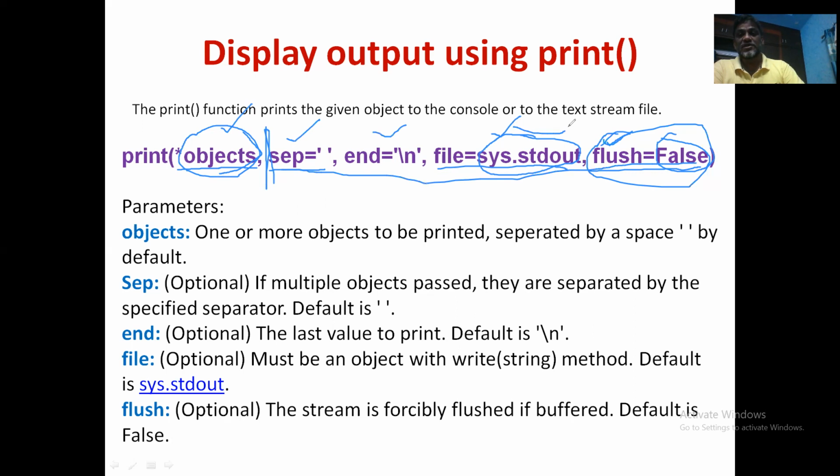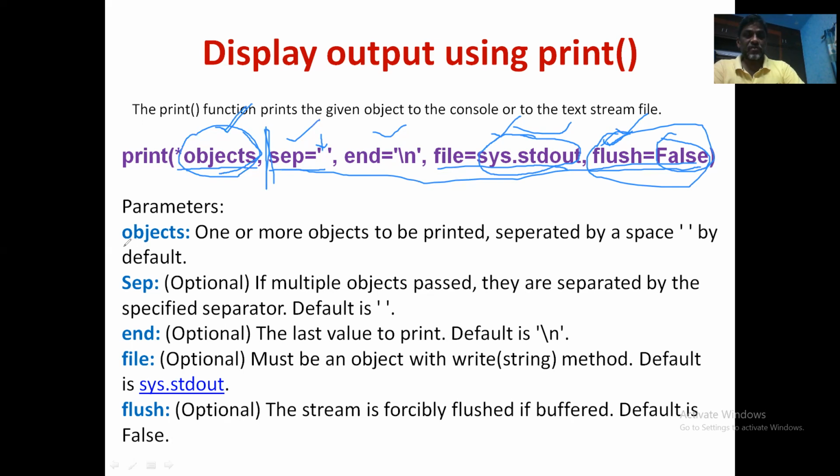If you specify it, the specified value will be taken. Otherwise, the default values specified here will be taken: space is the default value for separation, slash n is the default value for end, sys.stdout is the default value for file, false is the default value for flush. These will be taken if you do not mention any of these values. So one parameter is compulsory for this print function, and all the remaining parameters are optional.